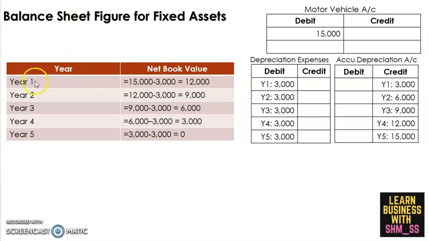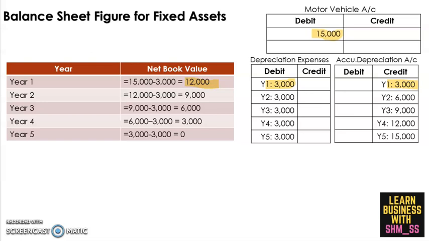When I refer to years, like year 1, year 2, year 3, you should consider the year end. At the end of the first year, the net book value will be 15,000 minus 3,000. 15,000 is the cost of the vehicle, 3,000 is the depreciation, and we get 12,000.